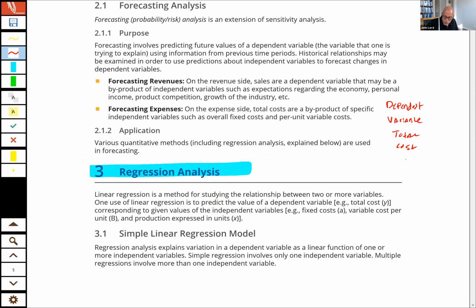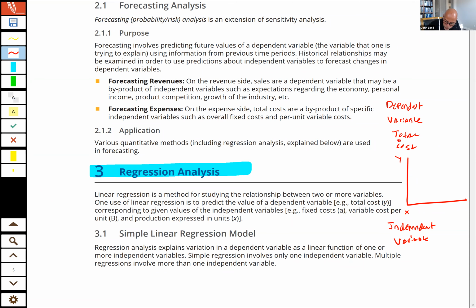Okay, and your total cost then would get plotted on the y-axis, and then your x-axis would be the independent variable, and I'm going to just do it in terms of total overhead cost.